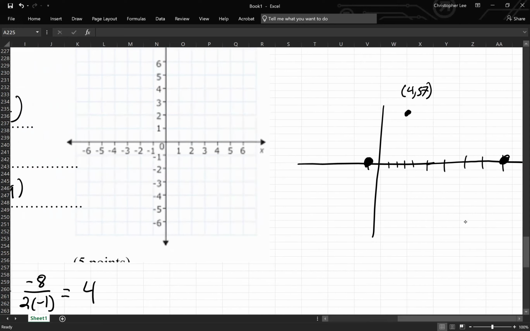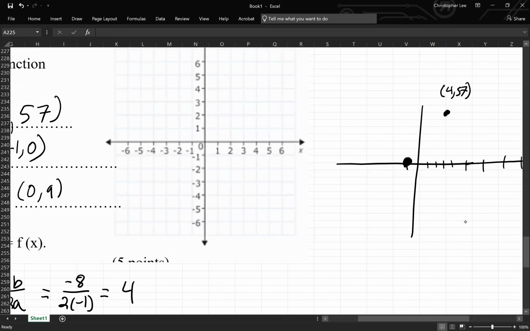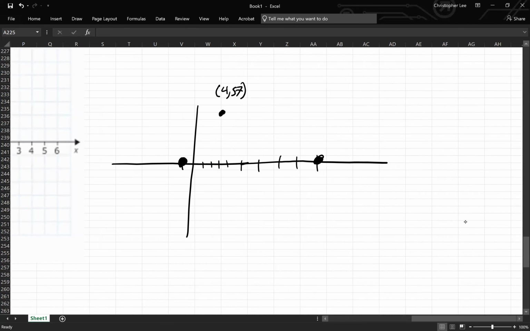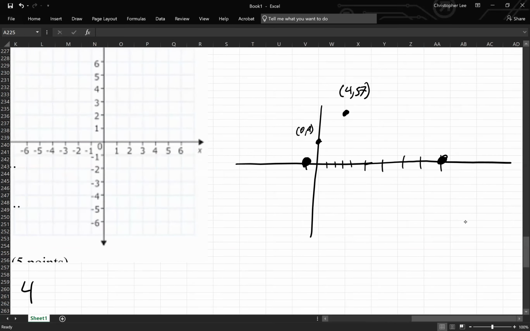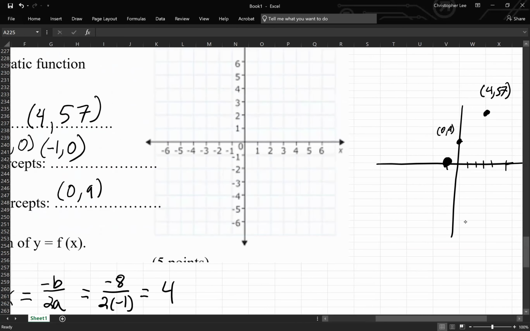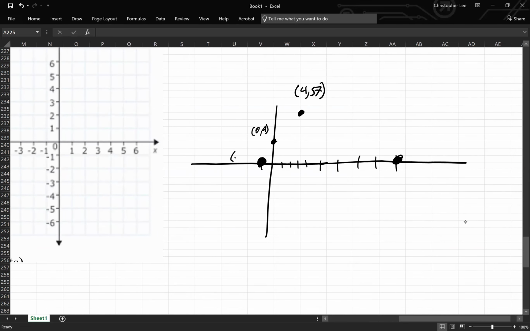Right? And then I forgot what my y is, 0, 9. And what's this other one? 1, 0.